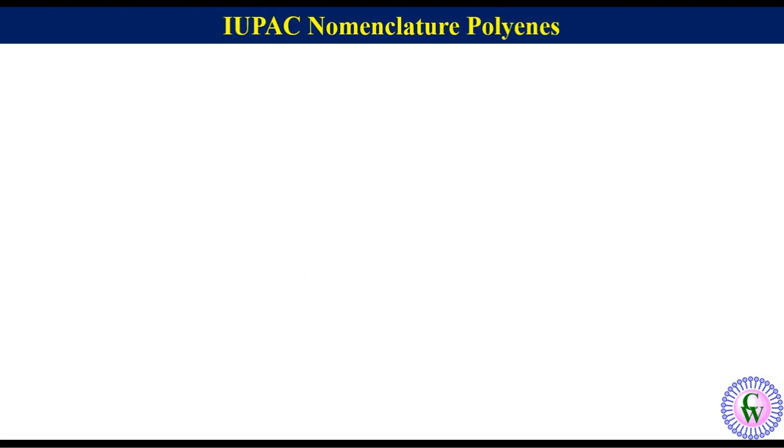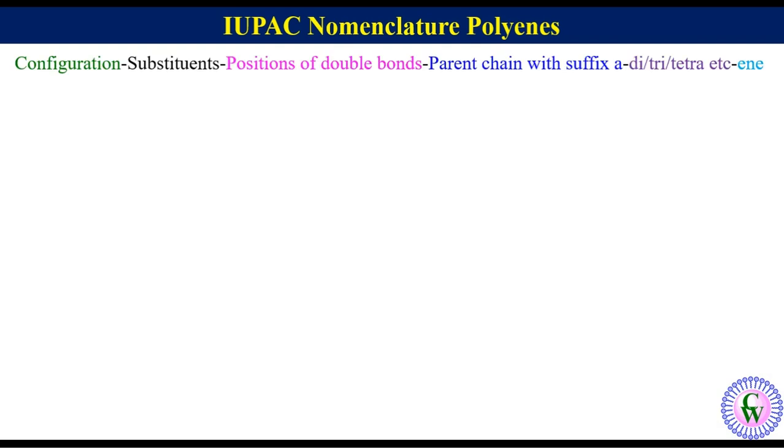Now we will talk about IUPAC nomenclature of polyenes. Polyenes are the compounds with more than one C=C double bonds. The general structure of IUPAC name of polyenes is written as configuration, substituent, position of double bonds, parent chain with suffix a, numerical prefixes like di, tri, tetra, etc. to indicate the number of double bonds, plus ene.